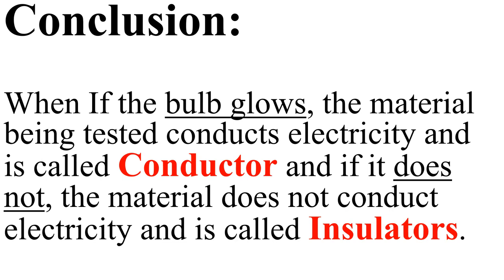For example, iron nail, steel spoon, metallic coin, etc. Whereas insulators are the materials which do not allow the electricity to pass through them. In this case, the bulb will not glow. For example, a stone, a sponge, wooden pencil, etc.